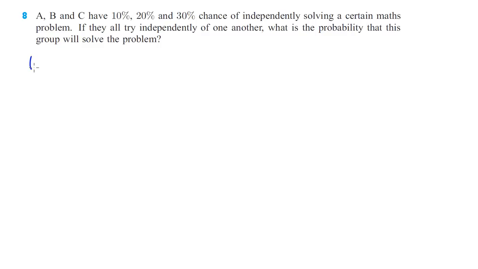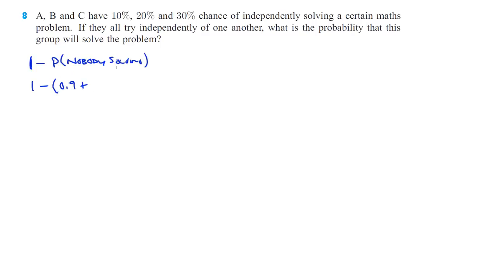So we want 1 minus the probability of nobody solving. The probability of the first person solving it is 10%, so the probability they won't solve it is 0.9, right?